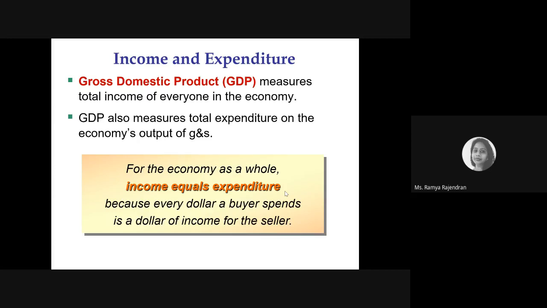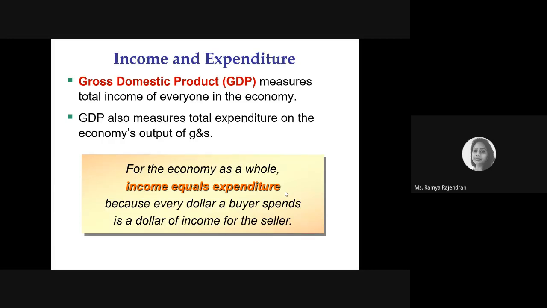Okay, so next, GDP actually measures the total income of each and every person in the country. It's not a book definition, but that's what GDP does. It measures the total expenditure on an economy's output of goods and services. When I say total expenditure, it's also the income.